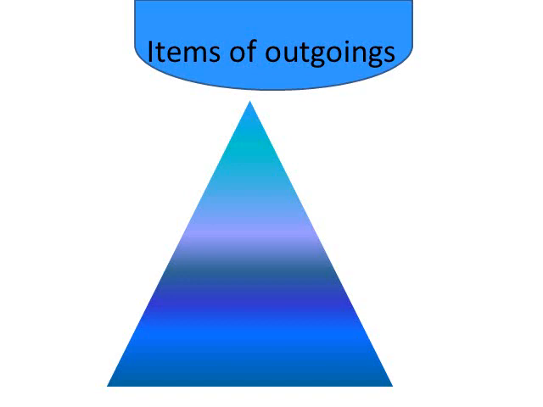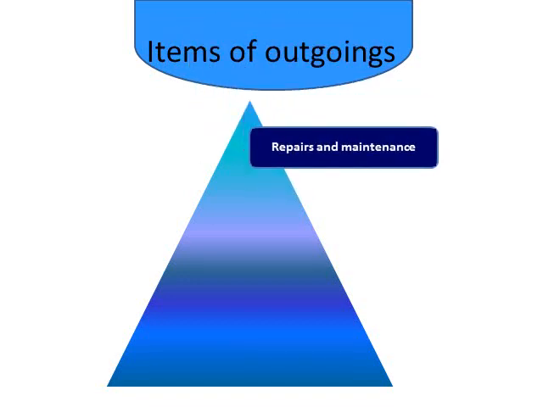All right, so these are the items of outgoings. We have repairs and maintenance. So we recap: outgoings is the expenses to manage and maintain the property to make sure that the property is in a good state of condition, and also to ensure that the rental value will be in a good state.